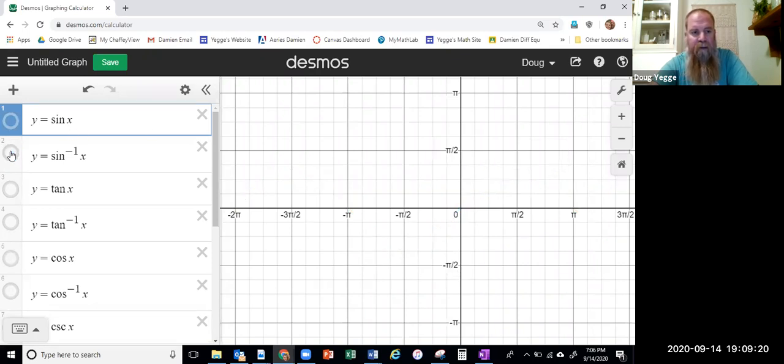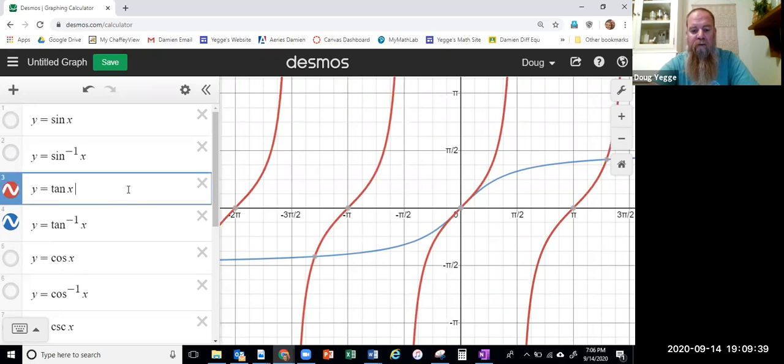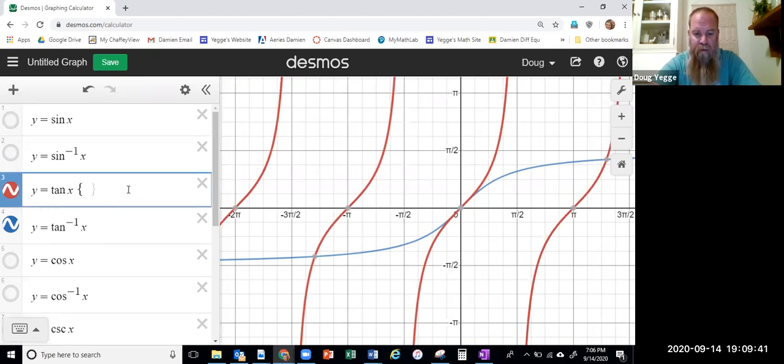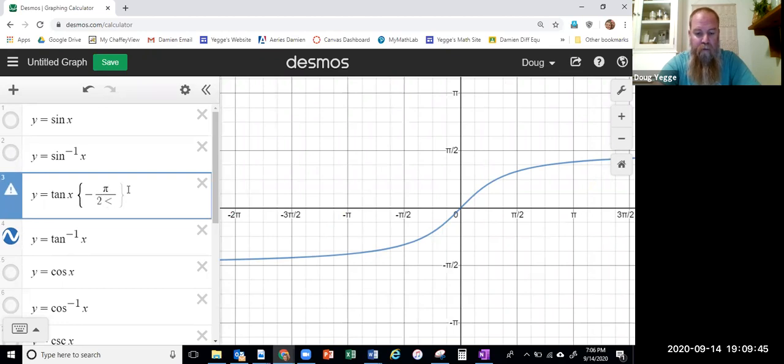So why don't we take a look at tangent x now? Now tangent x has numerous pieces separated by asymptotes. But notice that if we were to graph the inverse function, then we restrict that range to only be one of those pieces, which in fact means that we are going to restrict the tangent x function to only be from -π/2 to π/2.